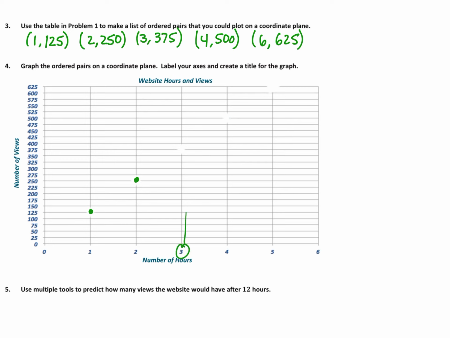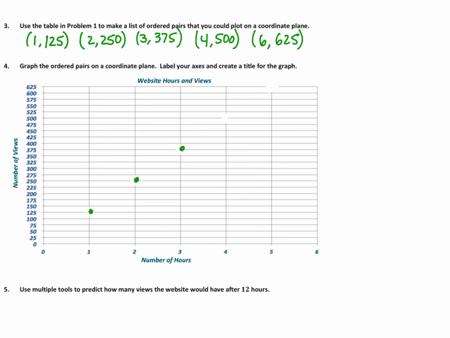For 3 hours, we need to go up to 375 views. For 4, we need to go up to 500. Oh, that should be a 5. And for 5, we need to go up to 625.